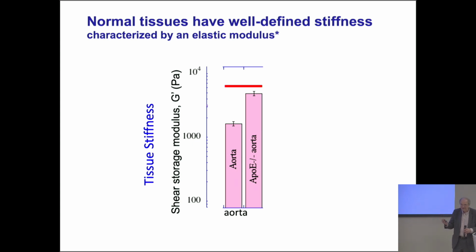They will all get heart disease and die at a young age. And their aortas are much stiffer. And if you give these animals a drug that doesn't cure the mutation, but just makes the aorta softer again, the animals will all live. They won't get the disease. So stiffness is driving something.